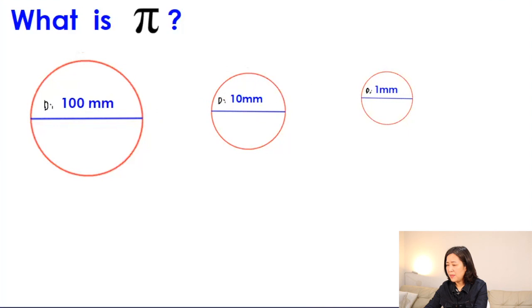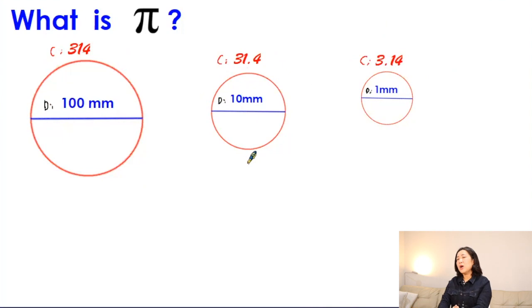Then what I did is I measured the circumference of these circles using a tape measure. The circumference of the largest circle is 314 millimeters, the middle one is 31.4 millimeters, and the smallest one is 3.14 millimeters. Now try to focus on the relationship between the circumference and diameter.